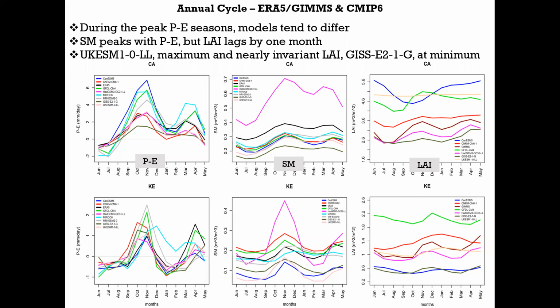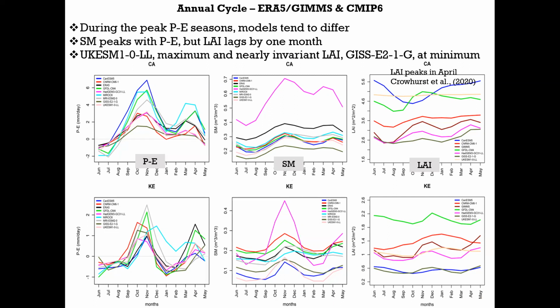We note that during the peak of P minus E, that is when we have major model differences for Central Africa, and this is true for all other regions actually.